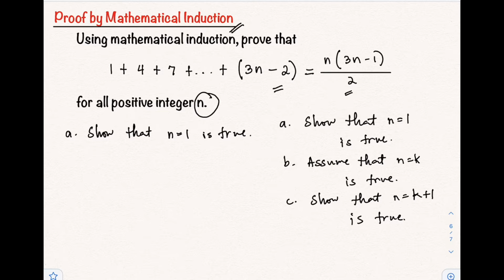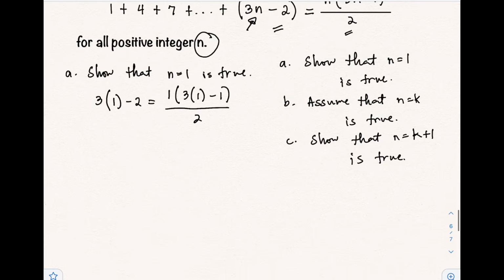Okay, so using our statement, isa-substitute natin yung 1 doon sa ating equation. So dito we have 3n minus 2, so that means we have 3 times 1 minus 2 equals n, which is 1, times 3n minus 1, so that is 3 times 1 minus 1 all over 2. Okay, so simplify natin to.